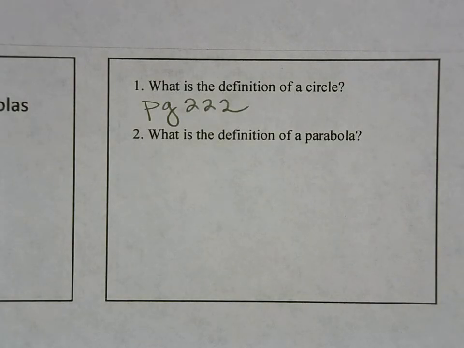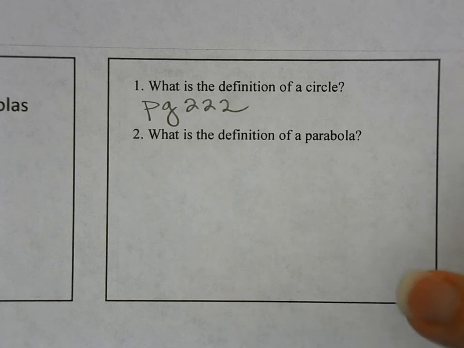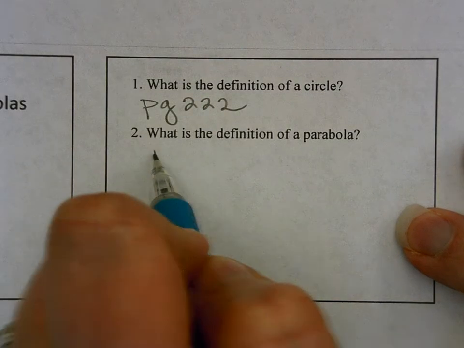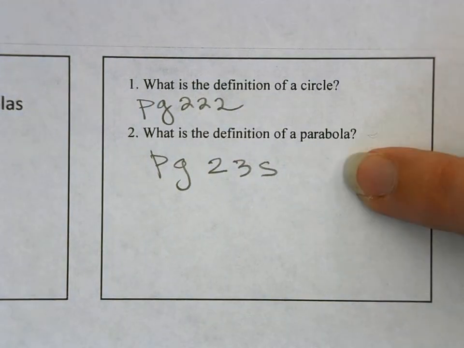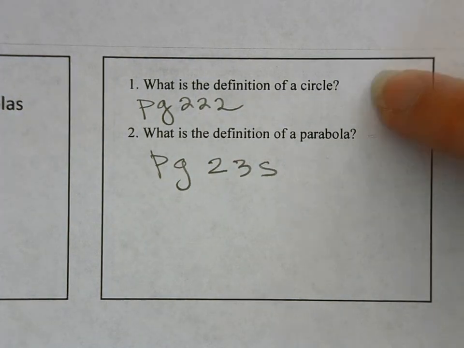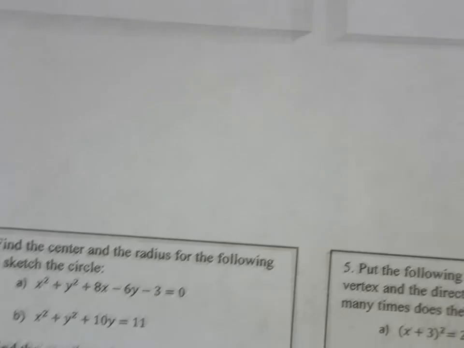And the other one is on page 235. So page 222 and page 235, that's where you can find the written definitions.